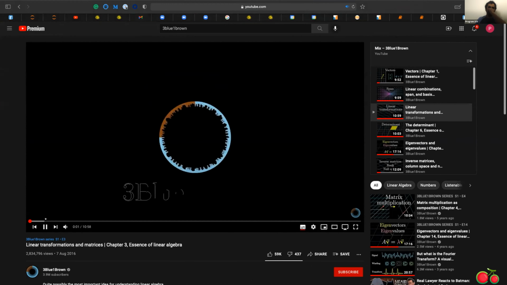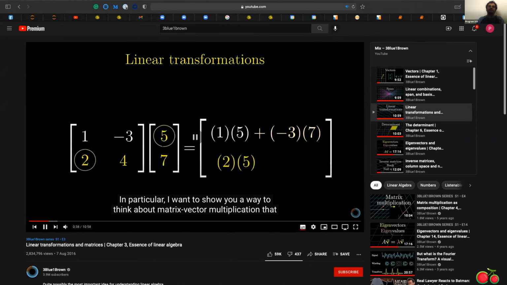He covers matrices when he starts talking about linear transformations, and it's the same example that I was giving. You have a matrix that you multiply with a vector, and that's when you get another vector, which essentially represents some operation on that vector.